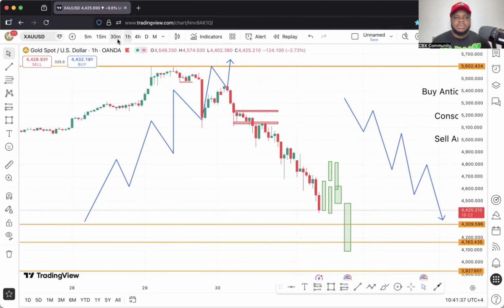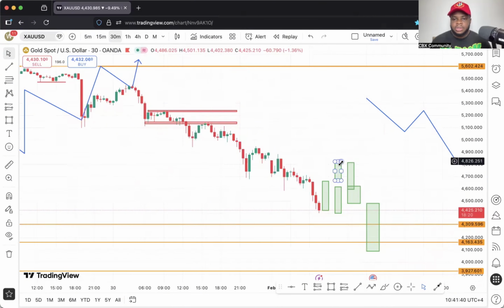So let's go to the 30 minutes time frame. Looking at the condition of the 30 minutes time frame, let's delete all these boxes.